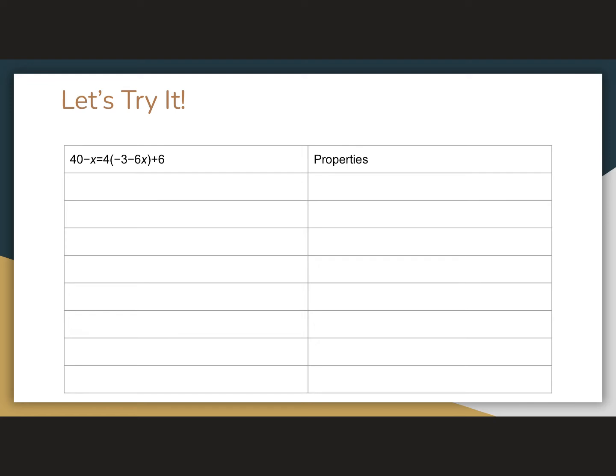Here I'm going to use my distributive property first to distribute the 4 to my negative 3 minus 6x. So I have 40 minus x equals 4 times negative 3 is negative 12, 4 times negative 6x is negative 24x, plus 6.